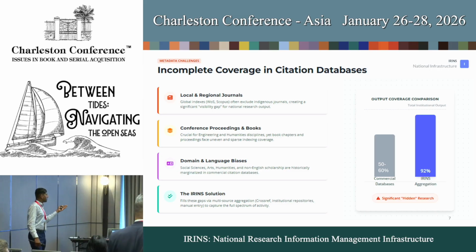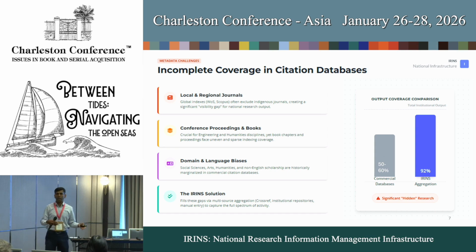The third one is language barrier, language bias. They publish articles in regional languages, whether Tamil or Hindi. In India, we have near about 22 different languages in which they publish articles. Those articles do not have any visibility in the databases. That is the reason that in any citation database, hardly 50 to 60% of data produced by Indian authors is available, whereas with IRINS we reach near about 92%.